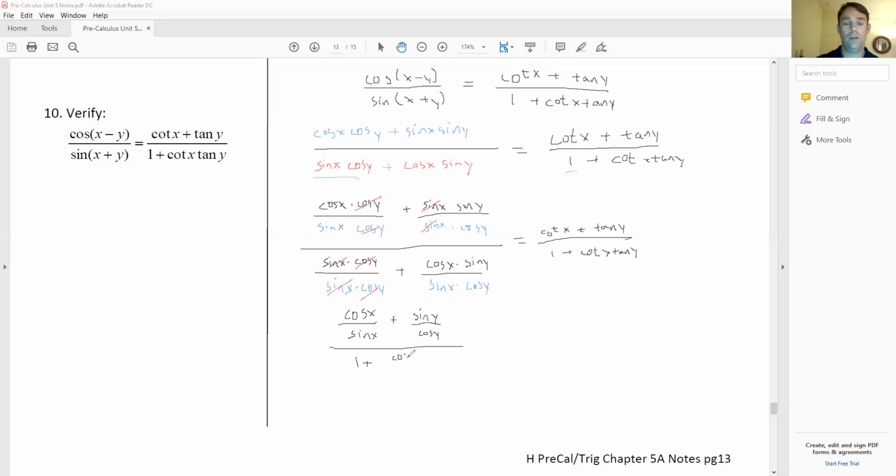I'm going to split these two fractions up here, one with my x's and one with my y's, and I can see how this whole thing is coming together.